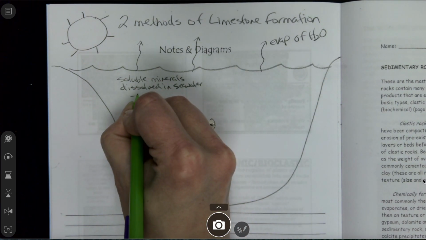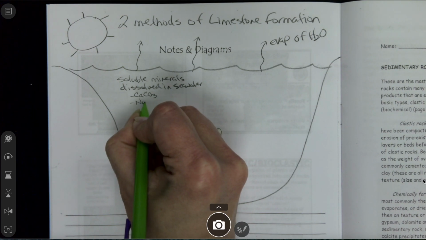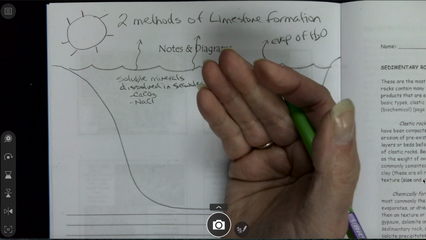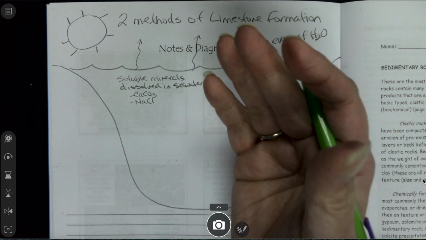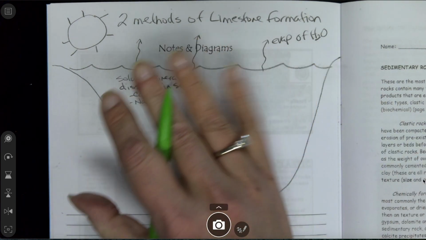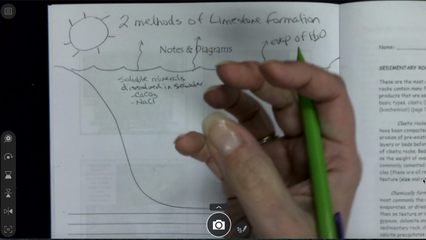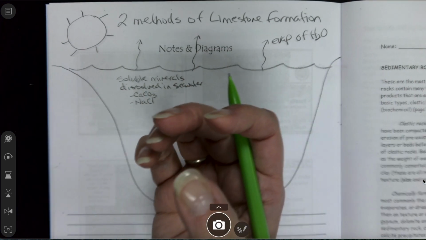Well, there's calcium carbonate, there's NaCl, there's rock gypsum, any of the soluble minerals that are going to form crystalline sedimentary rocks. So, as we talked about yesterday, as the water evaporates, this solution can become saturated, all right?